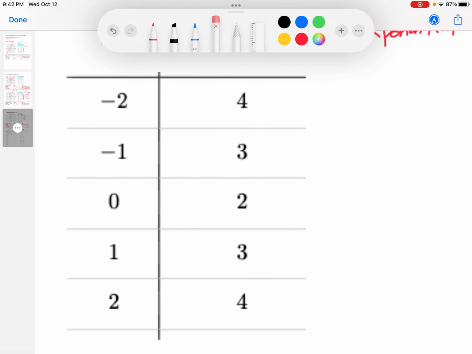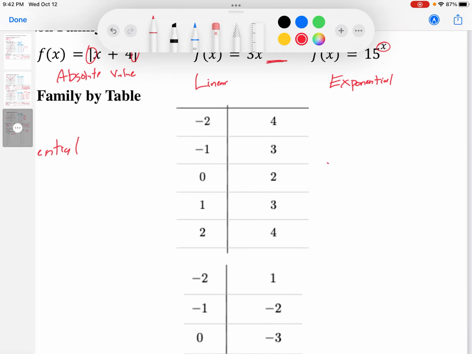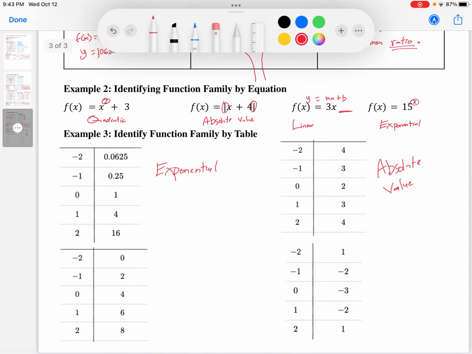Well, this looks like it goes down by 1, and then it goes up by 1, up by 1. I think that is a good candidate to be an absolute value function. That is absolutely an absolute value function.